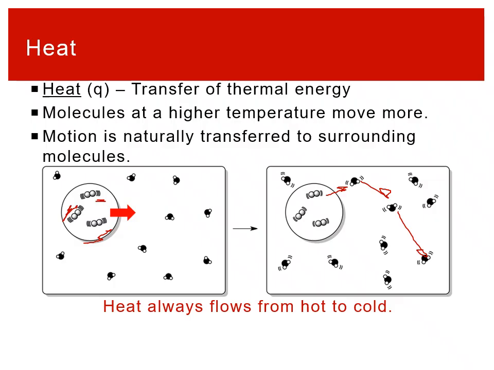They have more thermal energy. They would go to a higher temperature. The molecules that were initially hot have cooled down. They have less overall motion, so heat will flow from hot to cold until all molecules have the same average motion. They're all at the same temperature.